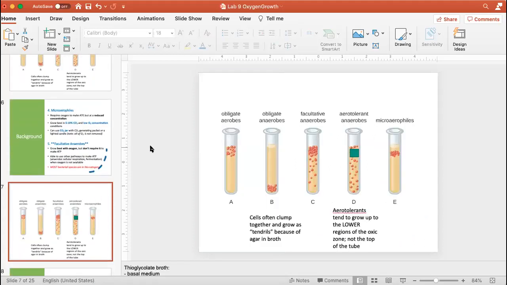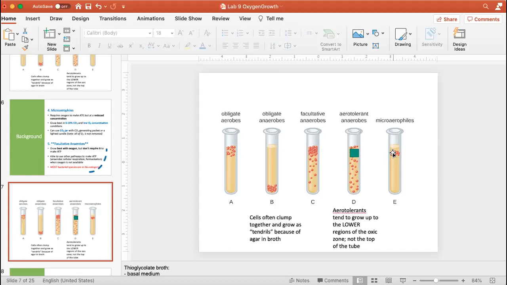Now, if we come back to our diagrams here, this tube over here labeled E represents the microaerophiles. Remember, these are organisms that require oxygen to make ATP, but they don't like the amount that's in room air. They prefer low concentrations, and they like a higher amount of CO2 than normal.